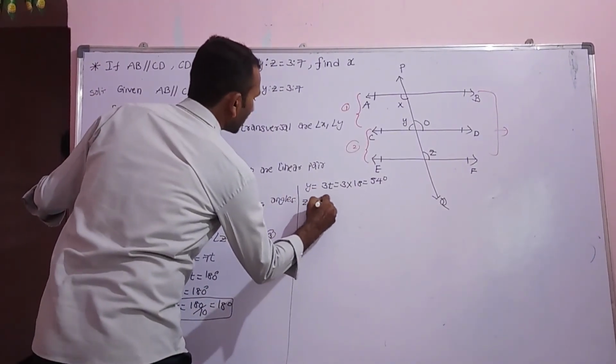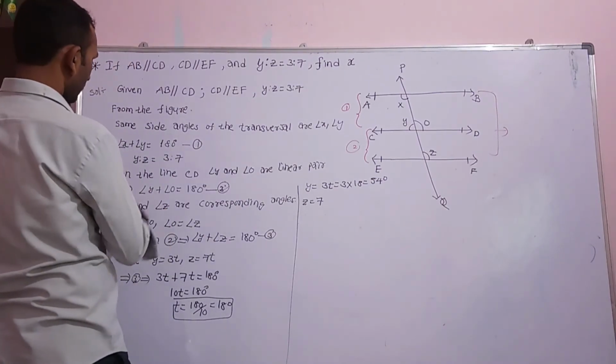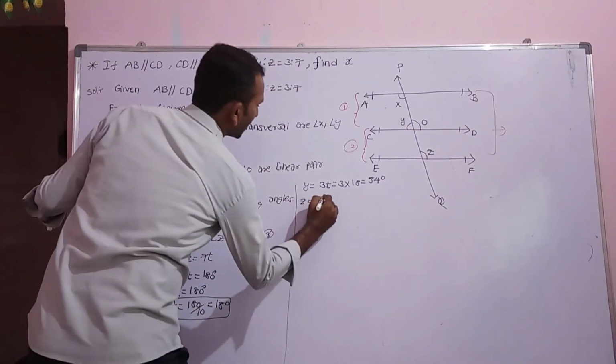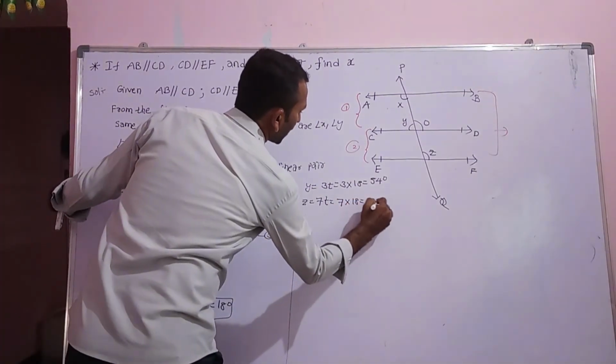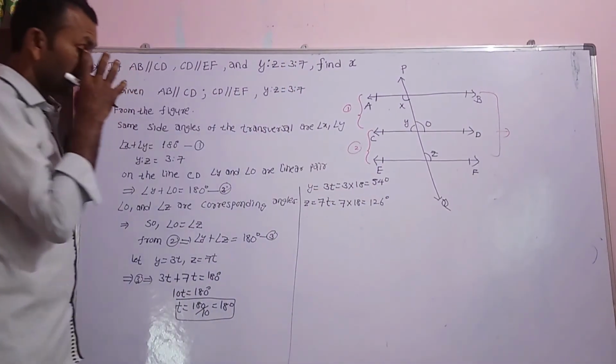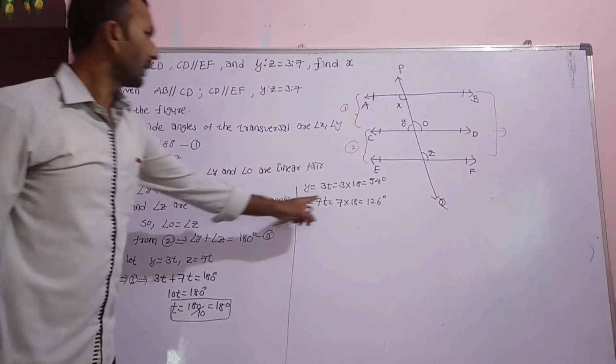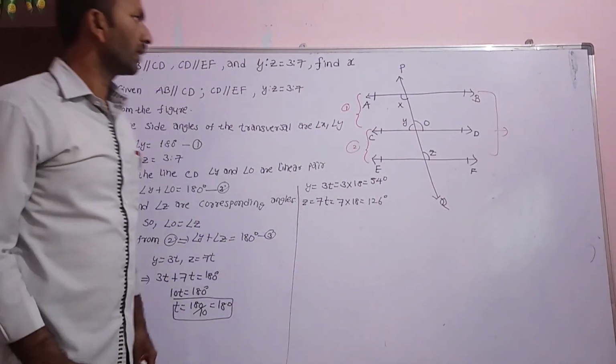Z equals 7t, that is 7 into 18 equals 126 degrees.